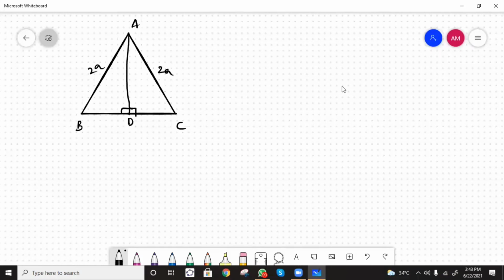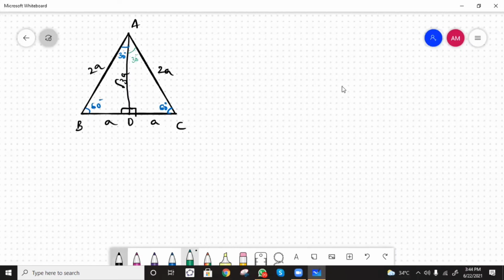And if we take this point as D, this is A. What is the value we got? Root 3A. So this is 60 degrees. And this is 60 degrees. And this is 30, and this one 30 degrees. Clear?